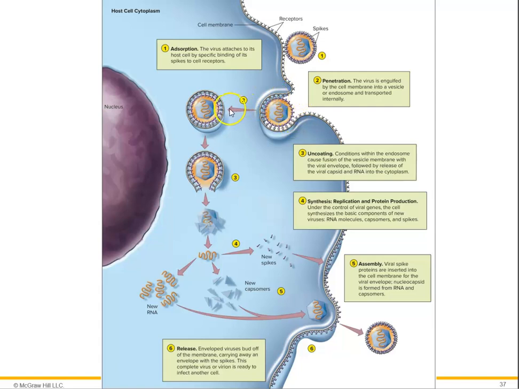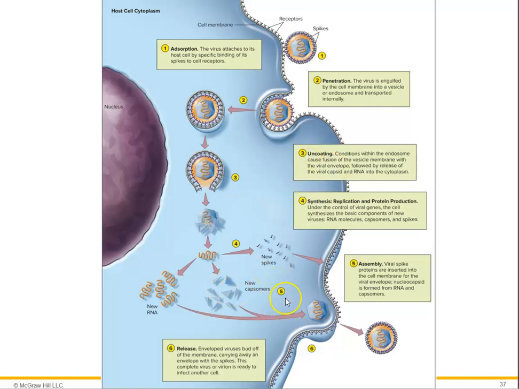Next, the virus is going to uncoat. It opens up its envelope and capsid, lets out the nucleic acid. Next is synthesis. So the cell is going to synthesize the new components of the virus under the control of the viral genome.